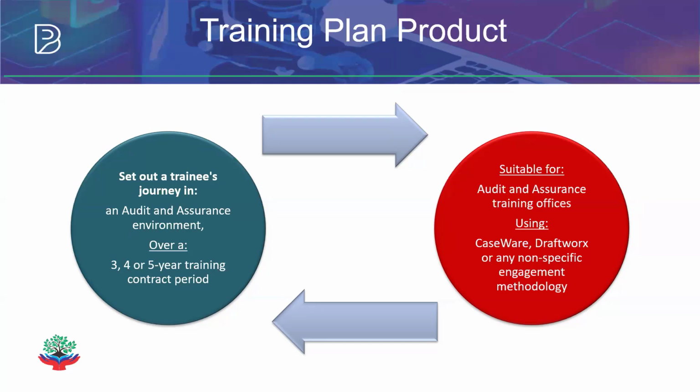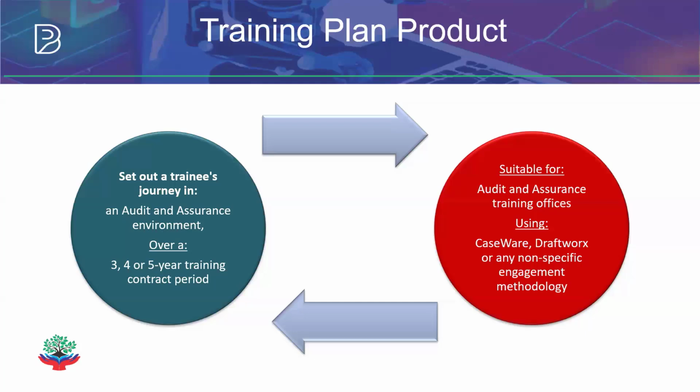Now, the training plan products that we have available are for trainees that are serving a training contract in an audit and assurance space over either a 3, 4 or 5-year training contract period. So again, suitable for audit and assurance training officers. And if in your office you are using various software, so if you are on the one hand using Caseware as your audit, review or compilation software, or Caseware Cloud, and on the other hand DraftWorks, so the RAC template, the independent review template, the property practitioner or legal practitioner template, whatever you typically use to render your services in audit and assurance, then we would be able to provide a product for you.